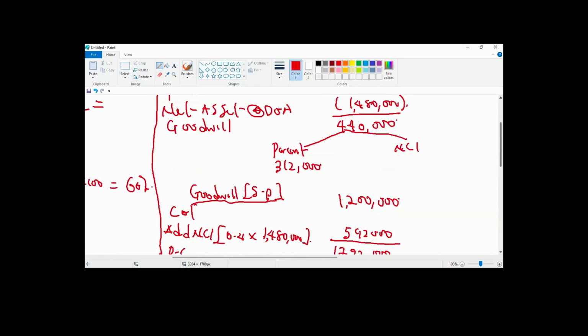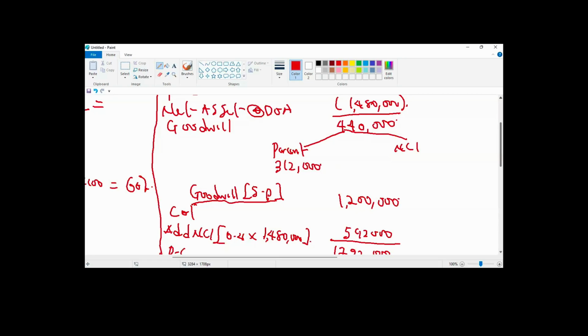That is what the standard said: the goodwill of the parent is share of proportionate, even if you have fair value. Can I get the goodwill of NCI now?